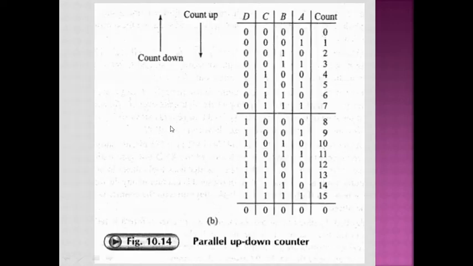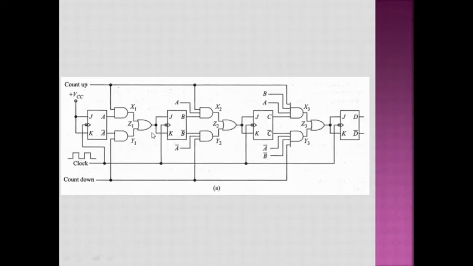So on a count 1 to 2, 3 to 4, then 5 to 6, then 7 to 8, then 9 to 10, then 11 to 12, then 13 to 14, and then 15 to 0, B is toggling. And that is the reason this connection is connected like this.